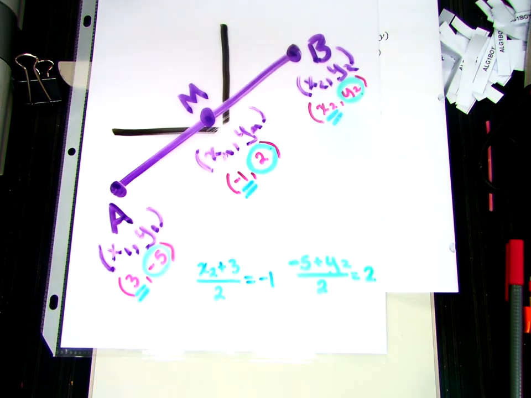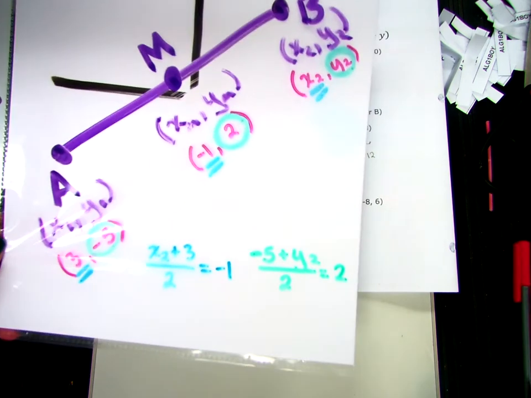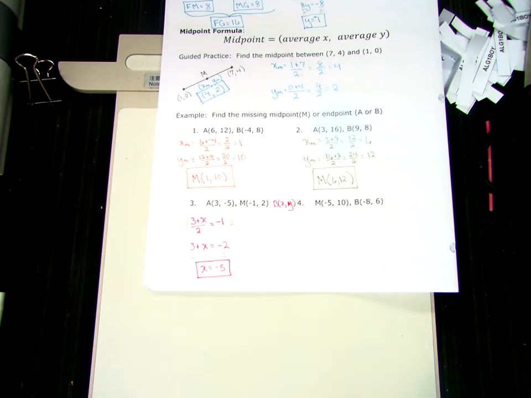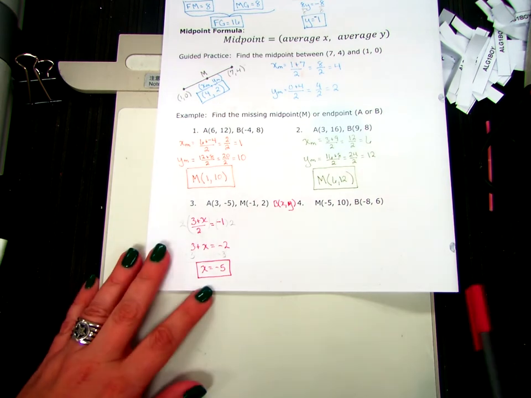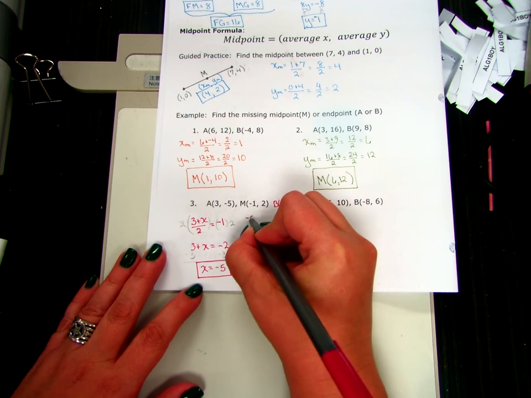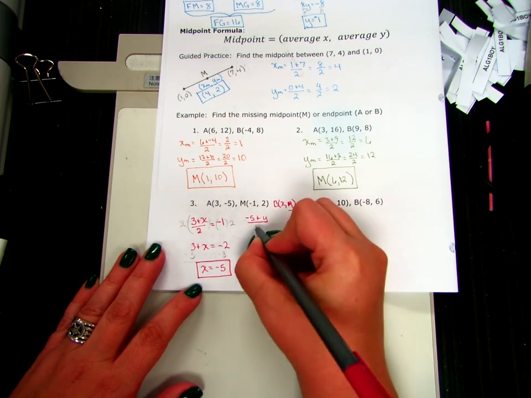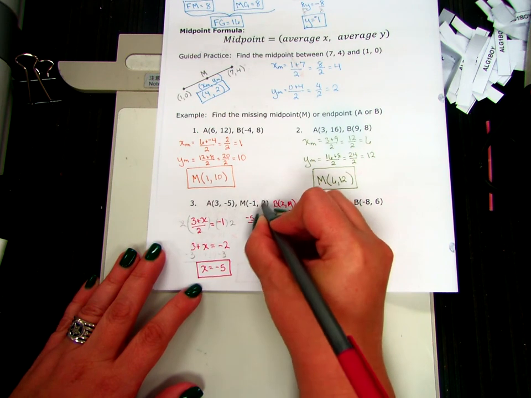Does that make sense? Yes. Okay. So negative 5 plus y divided by 2 equals 2.